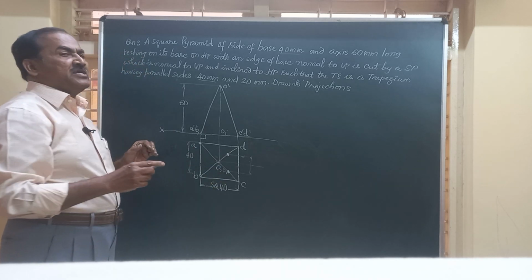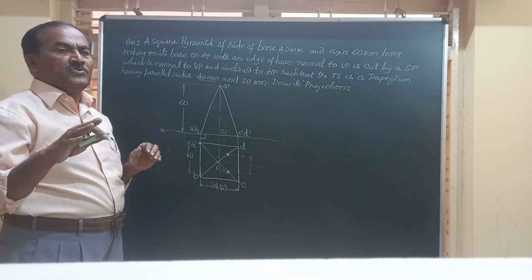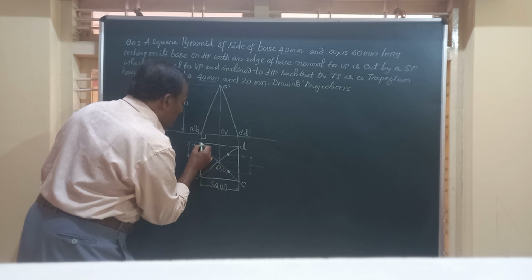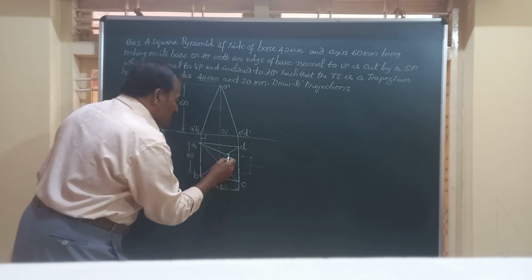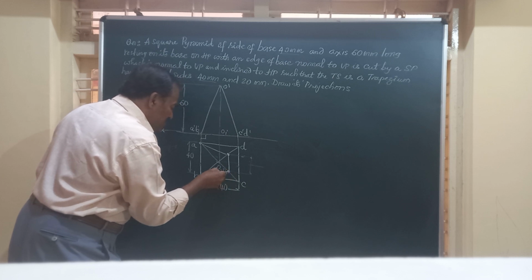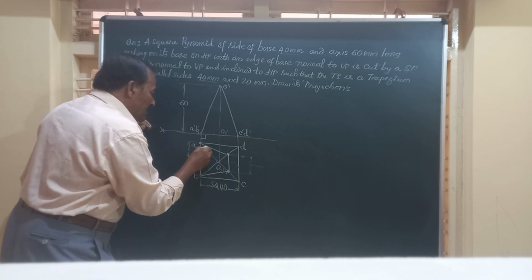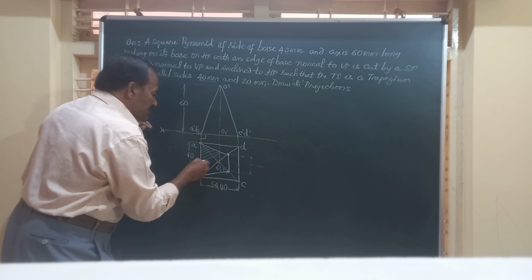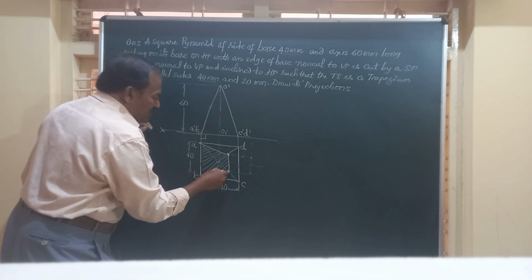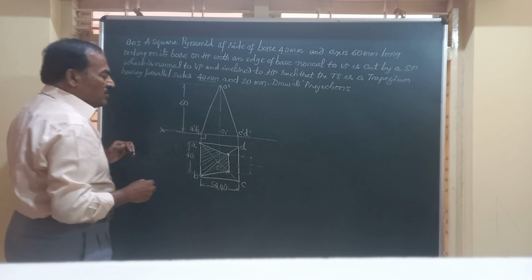This is going to be the top view of the trapezium. So friends, I am going to join all these 4 points by straight lines, and I am going to hatch it, indicating this is the sectional top view, the complete sectional top view.